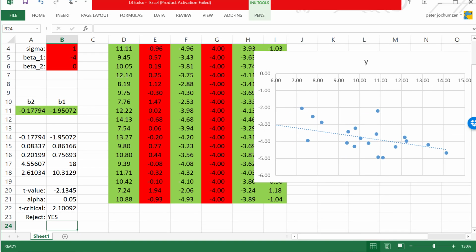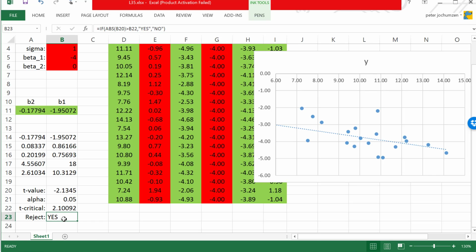So here it writes yes. In this case, we will actually reject the null hypothesis. So this first simulation of yes actually came out to be an incorrect decision. This is the wrong decision because beta 2 is 0 and we are rejecting it. But remember, mistakes happen when we do hypothesis testing.